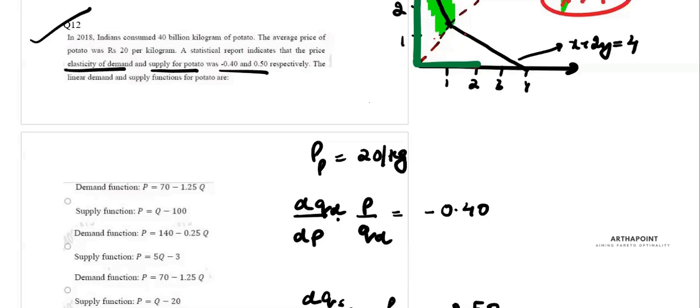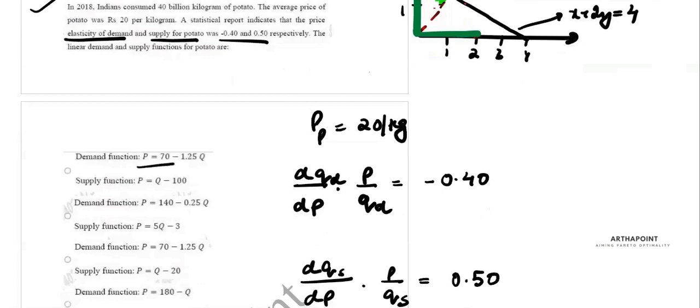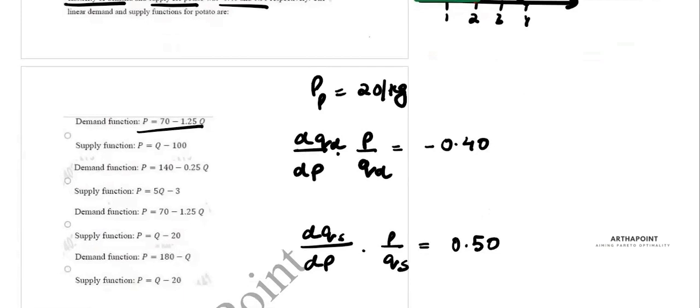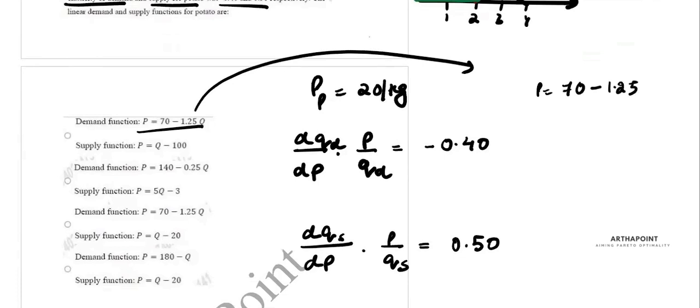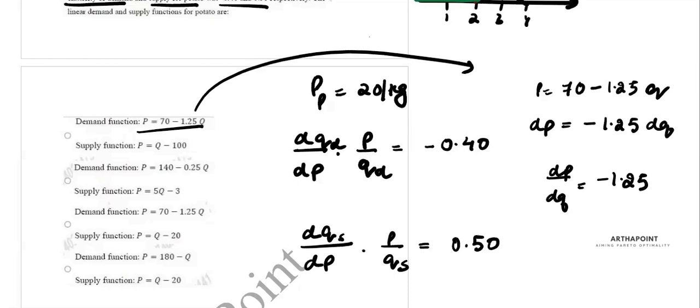Now it asks you to tell the linear demand and supply function for potatoes. One thing that we can do in this case, which is a longer technique, is to find the price elasticity for each of these. If you have the demand function as P is equal to 70 minus 1.25 Q, you find dP. dP will be minus 1.25 dQ, so you will know that dP by dQ is minus 1.25.